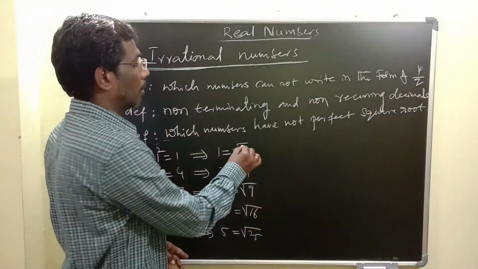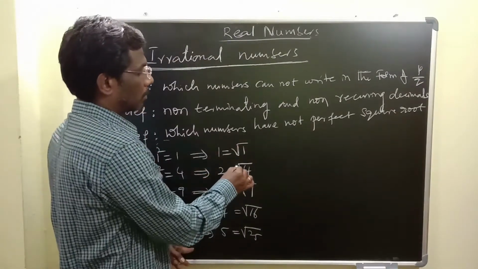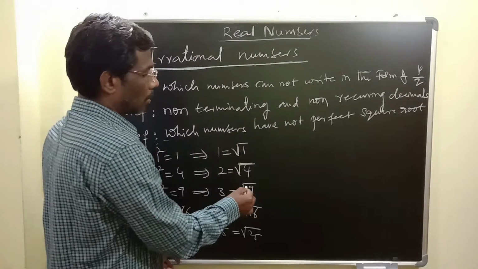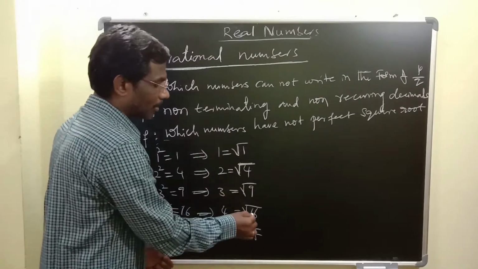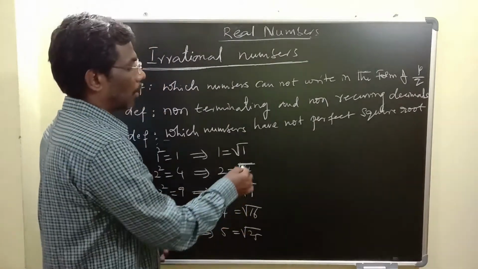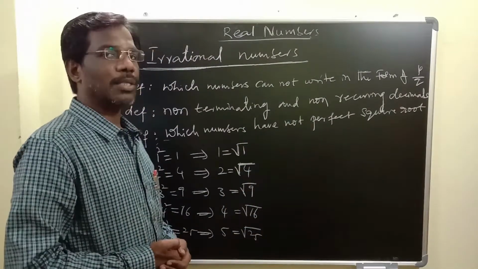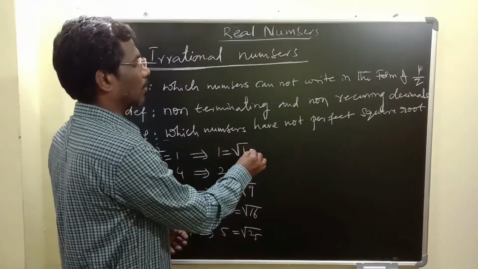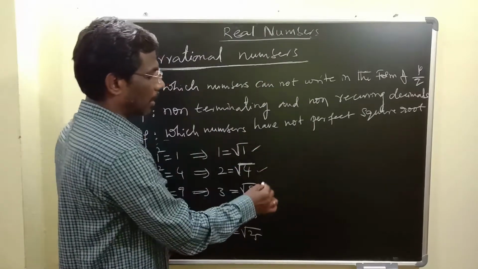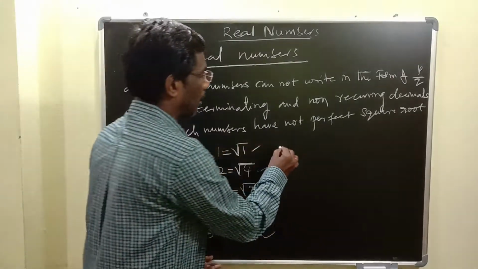It means the square root of 1 is 1. The perfect square root of root 4 is equal to 2. Root 9 is equal to 3, root 16 is equal to 4, root 25 is equal to 5. The numbers that are missing here are irrational numbers. So root 1 is a rational number, and root 4 is also a rational number. What numbers are missing here?